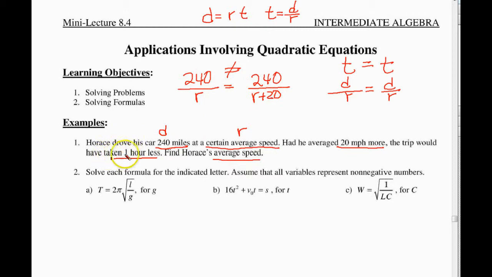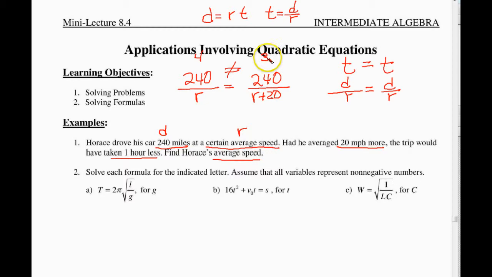We know that there's 1 hour less if he goes faster. So we're looking to make this an equation. Now, let's say this is 4 hours to do this. Then this would be 3 hours to do that. That is 1 hour less.